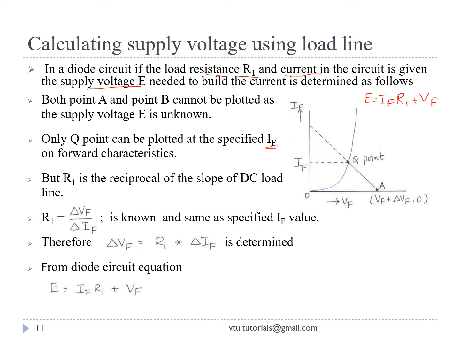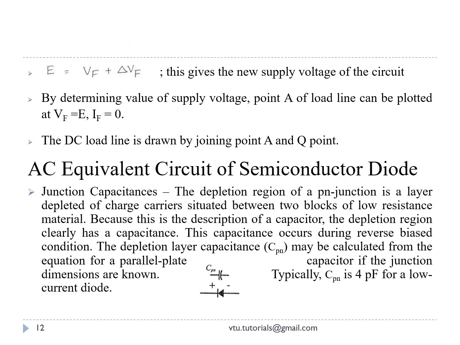From the diode equation, E is equal to IF R1 plus VF, that is known to us. So then E is equal to VF plus delta VF. This gives the supply voltage. By determining the value of supply voltage, point A can be plotted at VF equal to E, IF 0, and the DC load line can be drawn in turn.